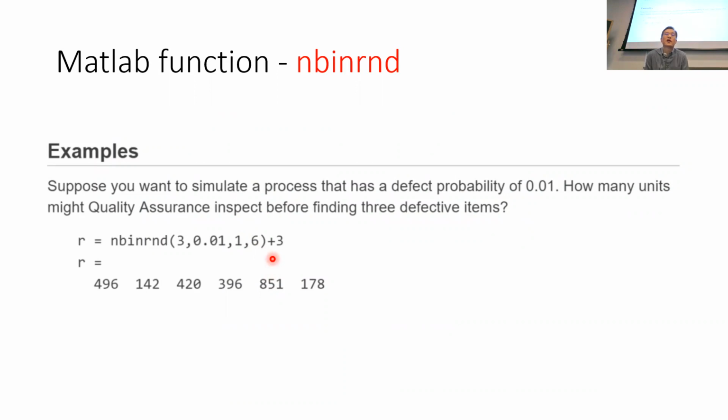I copied this from the MATLAB function documentation, so I assume they have someone back them up. I just believe them. Maybe they are wrong. So here, 496 is really 493 failures, and then you add three, your 3 successes. Yeah.